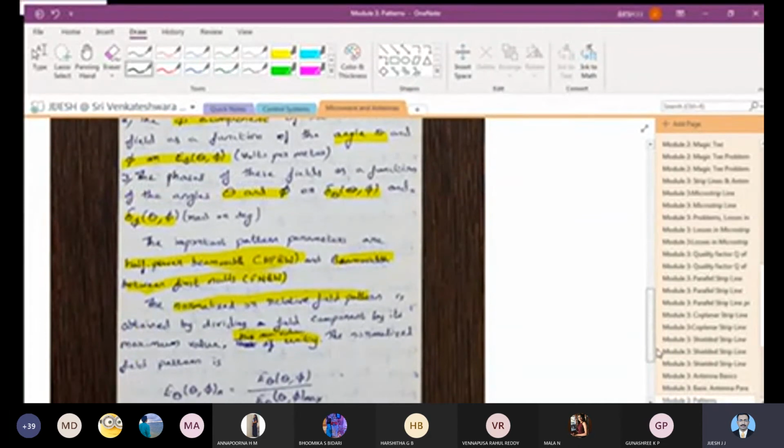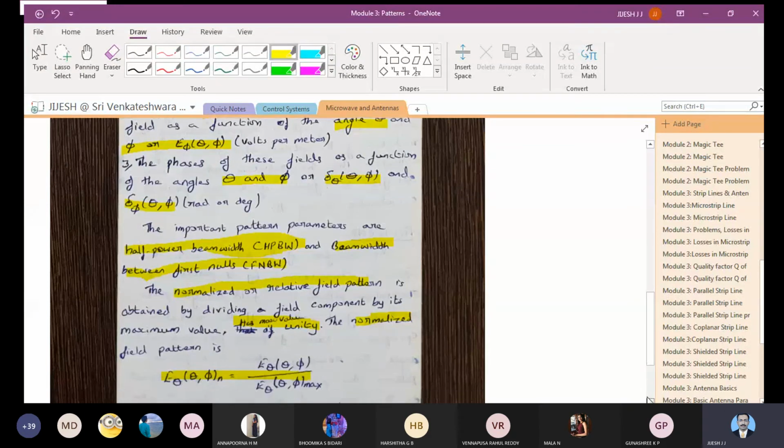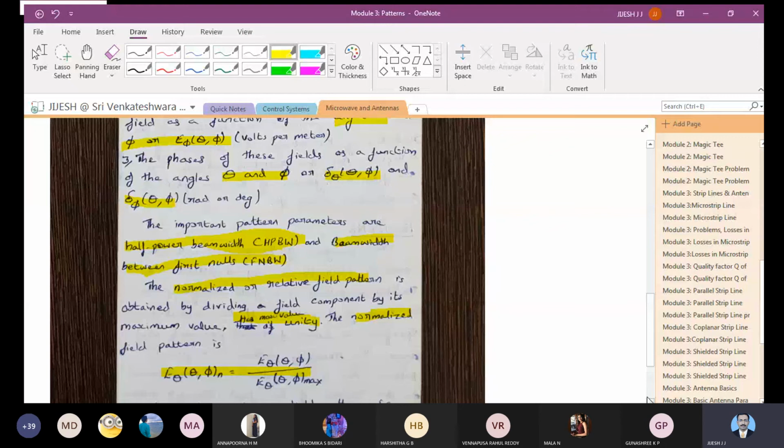We have one more equation for this, called the normalized field pattern. The normalized field pattern is given as E theta phi normalized is equal to E theta phi divided by E theta phi maximum. So what we are doing here is dividing the value of E theta phi by its maximum value. When you do that, you get the normalized value. This is important to understand.